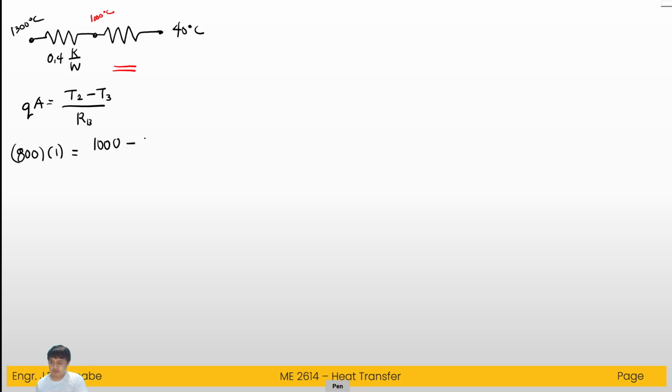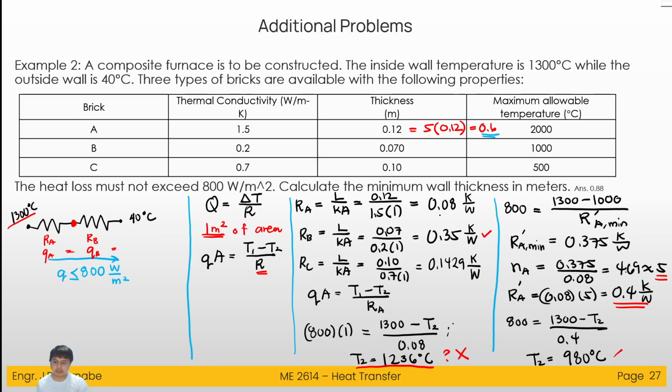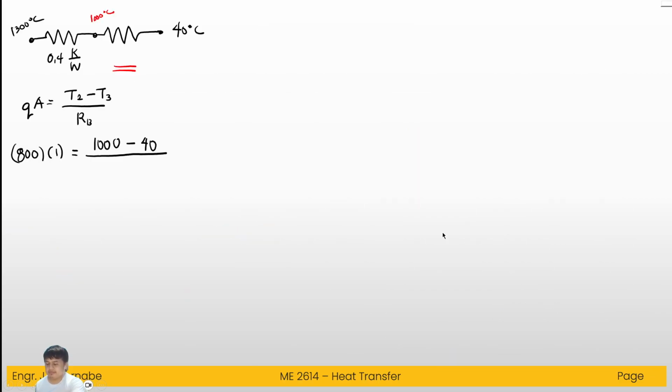So T3 here is 40 degrees, no? And then divide this by RB. So RB here is 0.35, no? But we will solve for RB first, no? The minimum RB that we need to reach this 40 degrees Celsius.